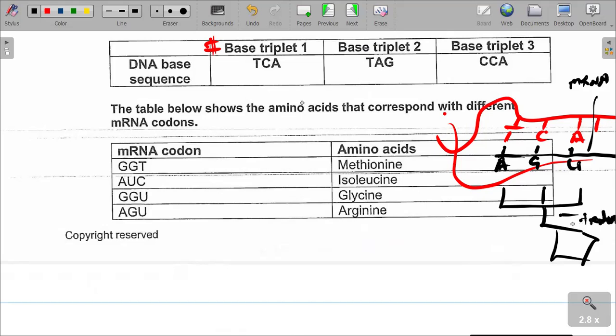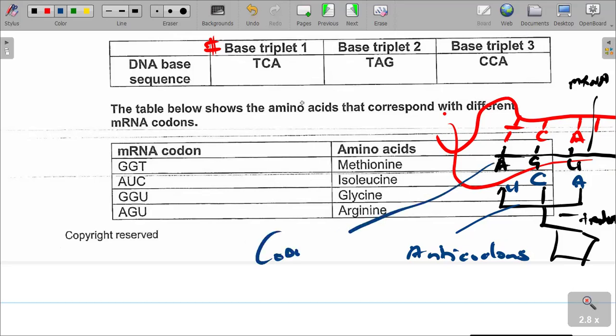So here we have U, we have C, we have A. These ones are called anticodons, and the black ones are called codons.